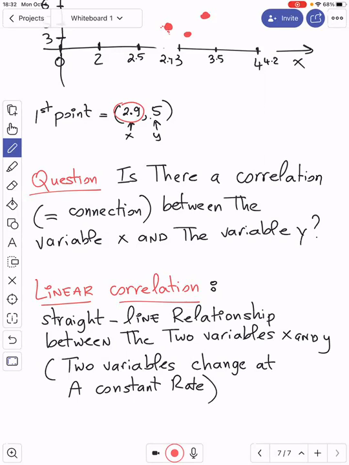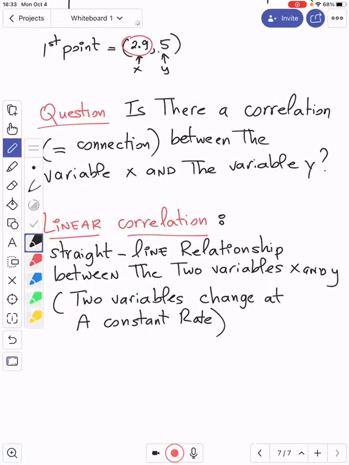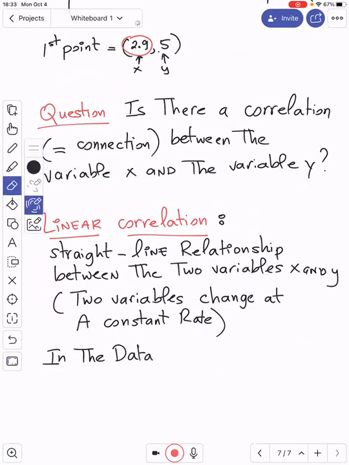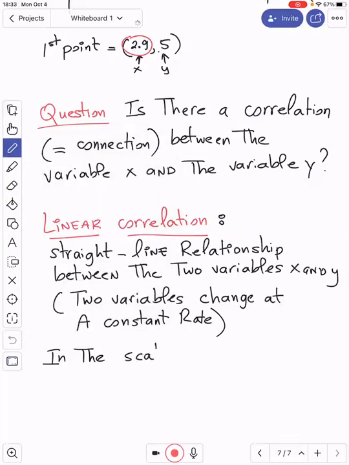So the data in your scatter diagram is going to resemble a line.